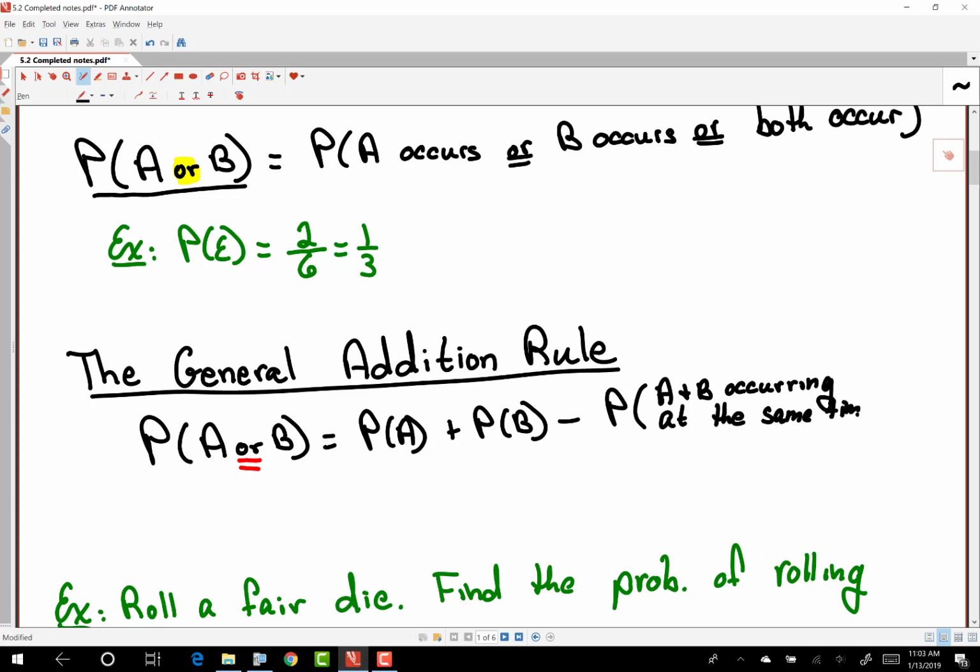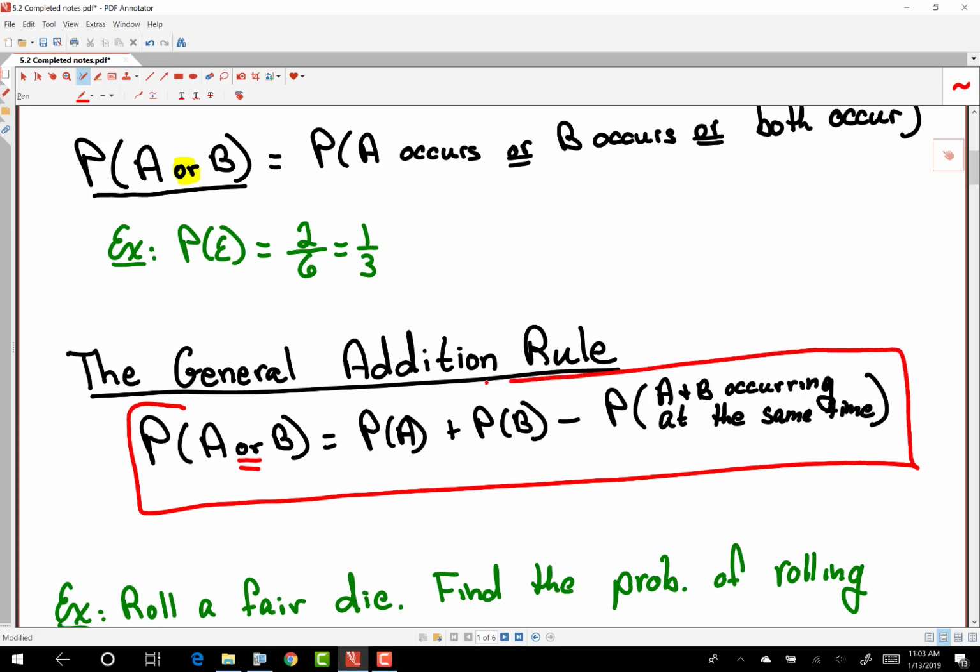Now, if you read this rule in the book, they just say the probability of A and B, but I find that that can get confusing with what we're doing in the next section. So I always like to emphasize that it's occurring at the same time.